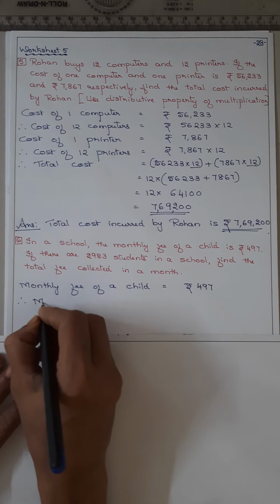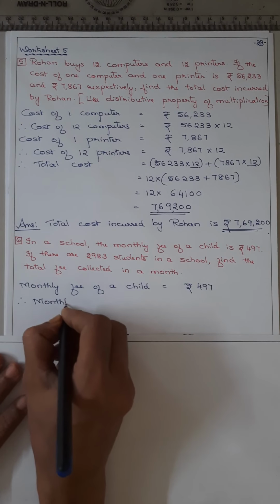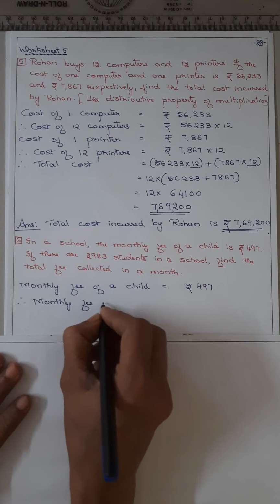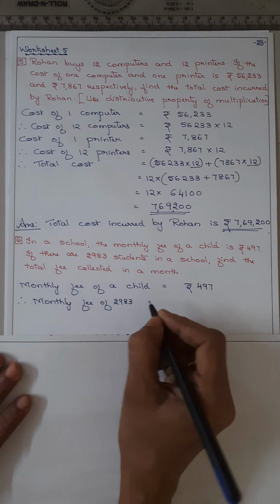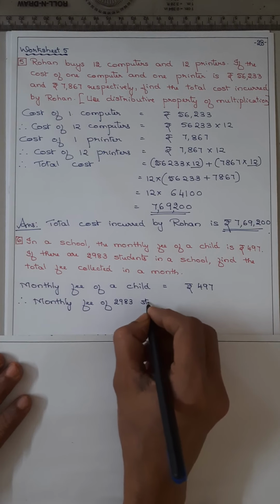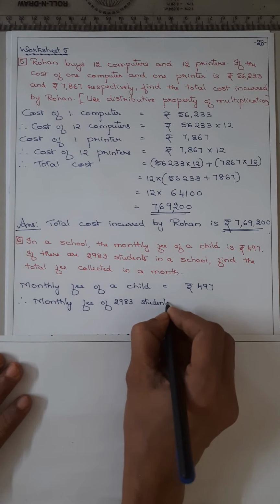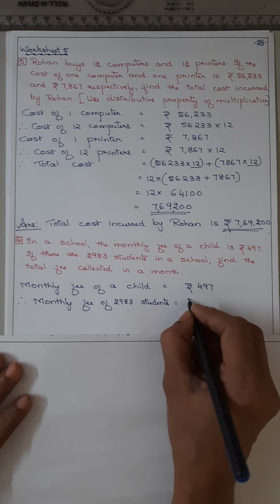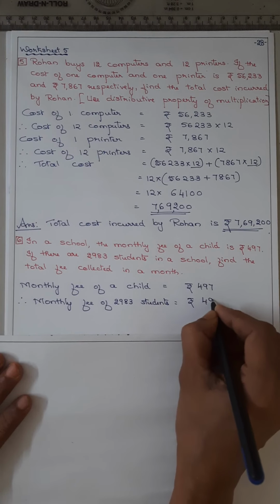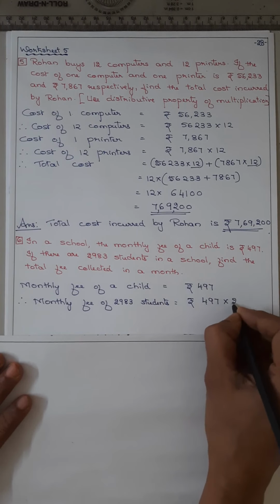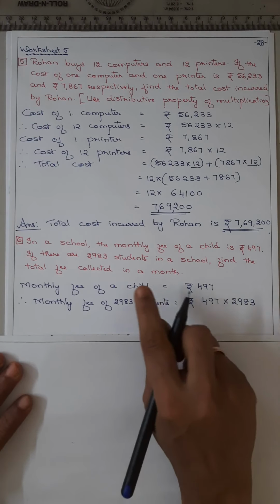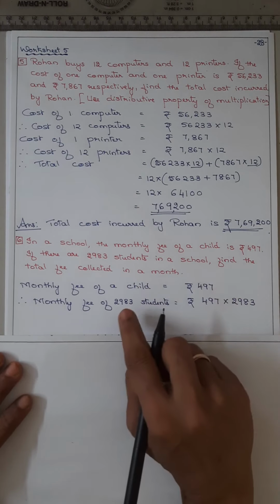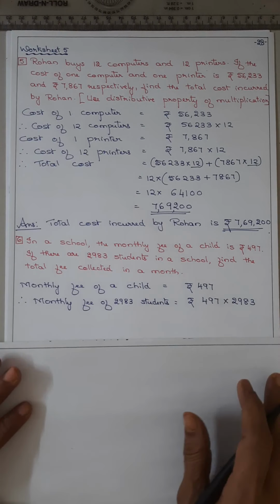Therefore, monthly fee of 2,983 students is rupees 497 into 2,983, isn't it? One child is 497, so for 2,983, how much?